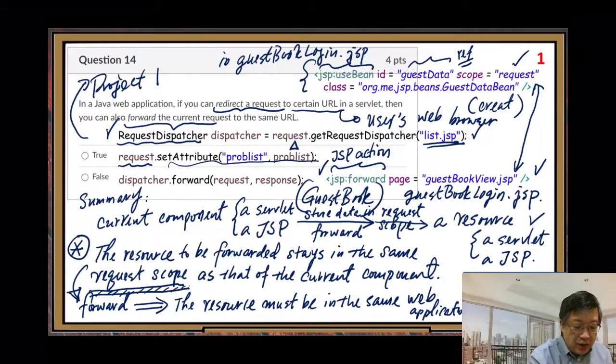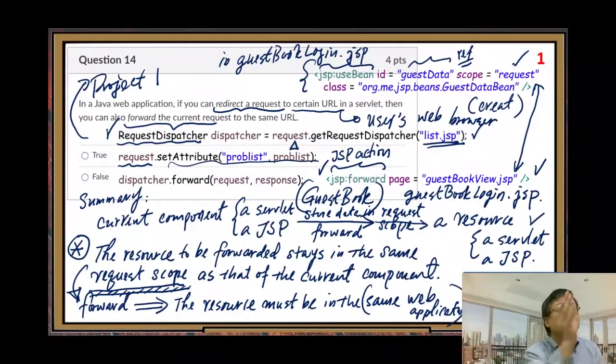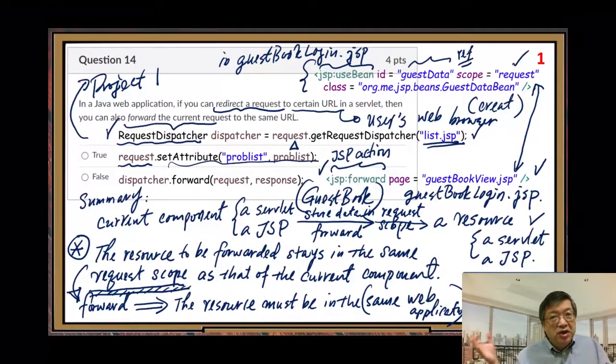Second, it tells you that if they share the same request scope, only the components from the same web application can share it. Otherwise, how can you share the same request scope? By logic, how can you?